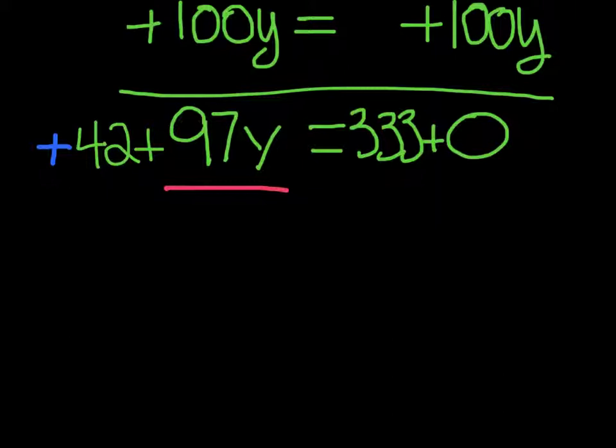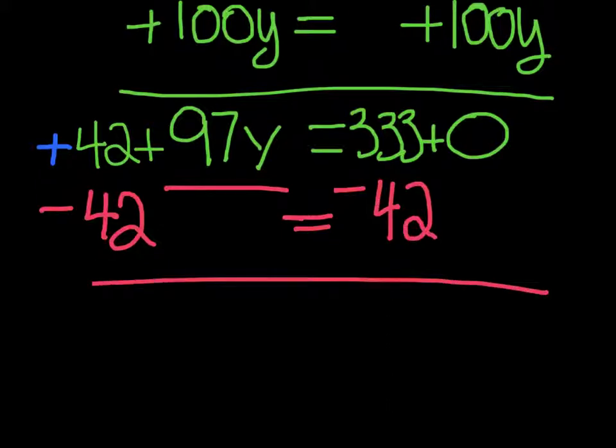So to remove this 42 from the left side of the equation, I must perform the opposite operation, which would be subtraction. So I will subtract 42 from the left, and I will also subtract 42 from the right.